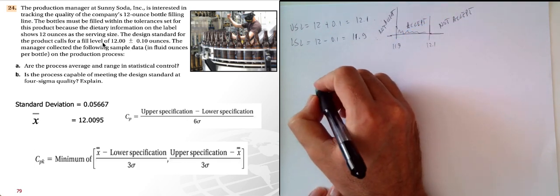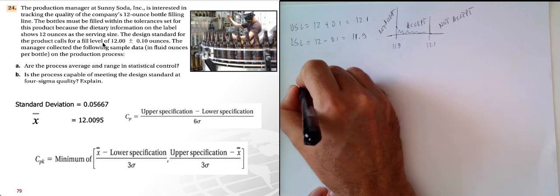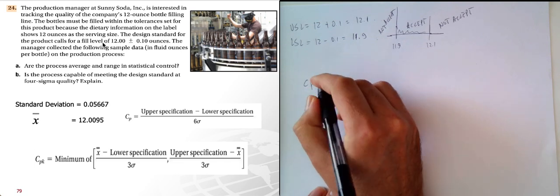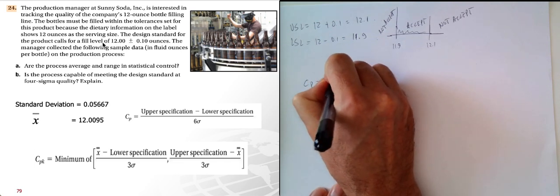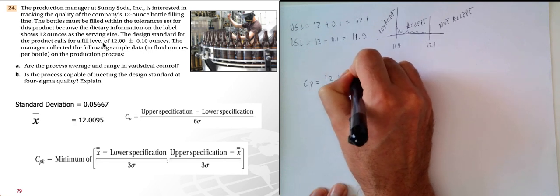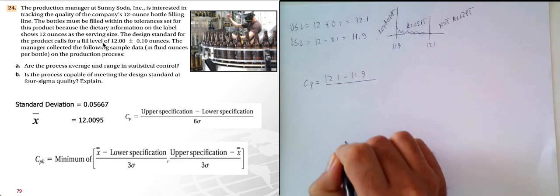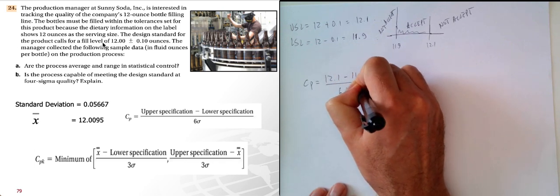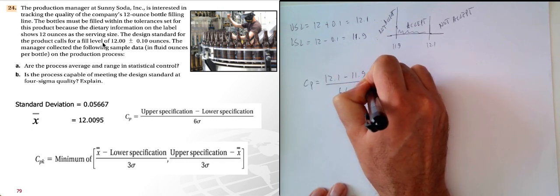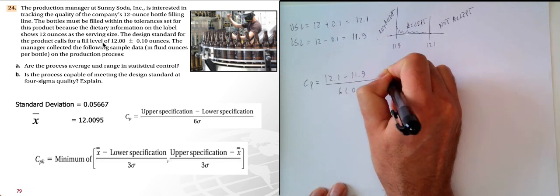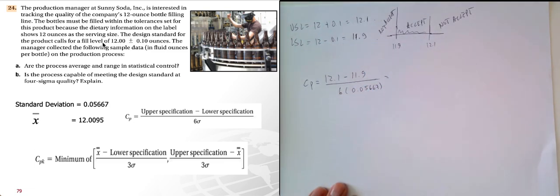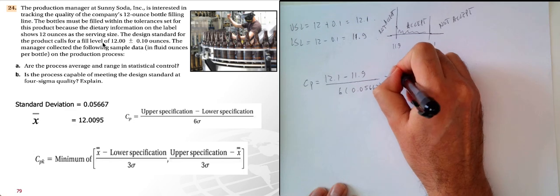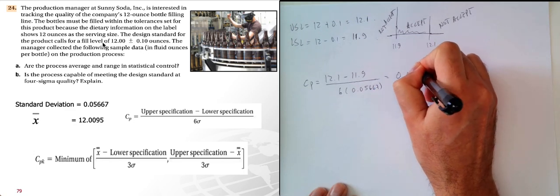So let's calculate Cp first. So the ratio is upper specification, so 12.1, minus lower specification, divided by 6 times our standard deviation, which is 0.05667, and that gives us 0.5882.